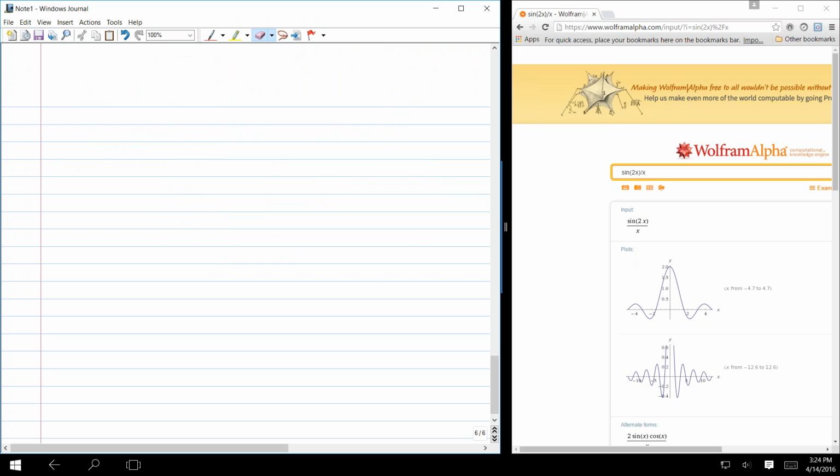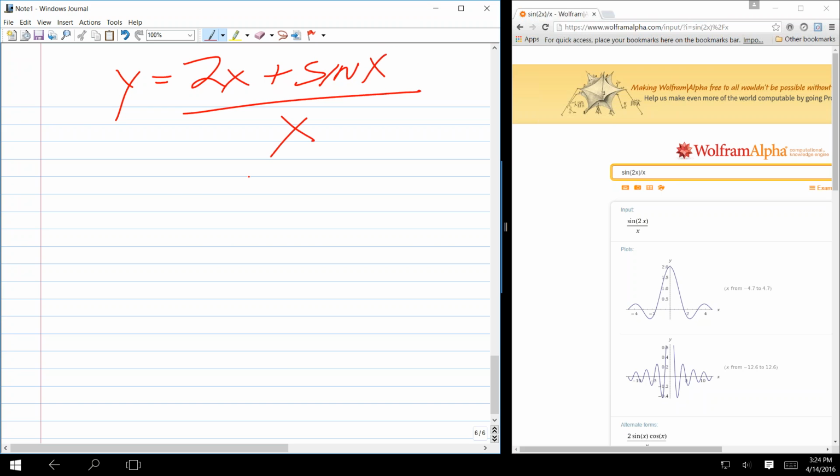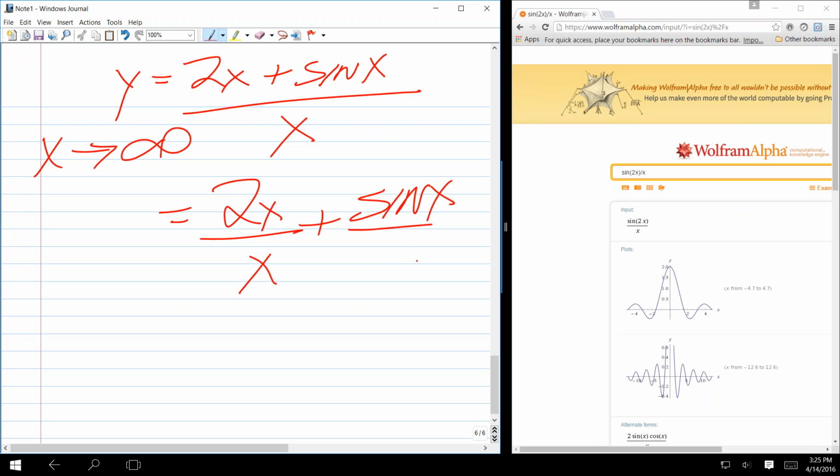So I have y equals 2x plus sine x all over x, as x goes to infinity. Let's split that into two functions, which we're allowed to do. Now we can cancel those. So this part goes to 2, no matter what x is going to.